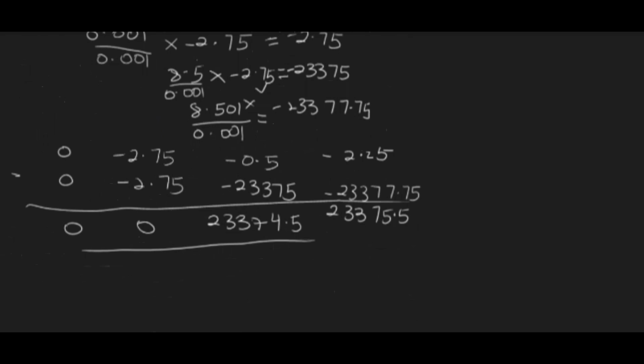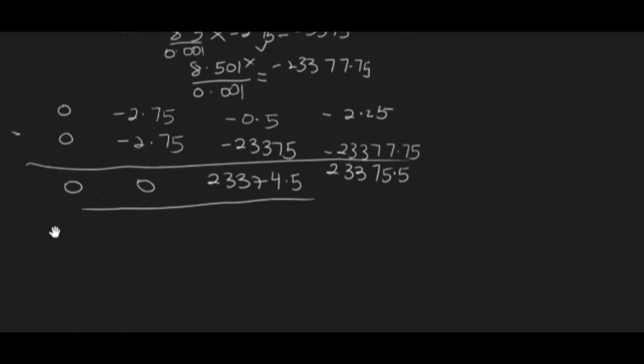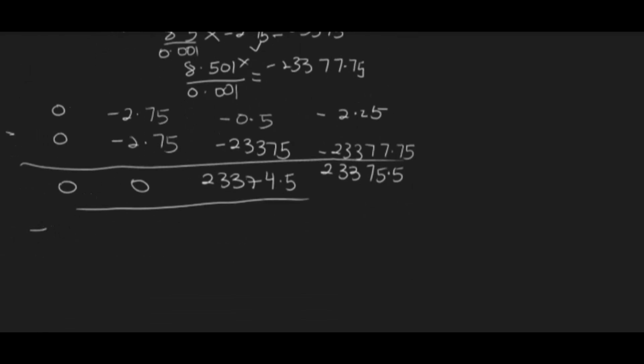So 20, 15, 10, I'll open my bracket. 20, 15, 10, then I have 0, then the second part is going to be 0.001.